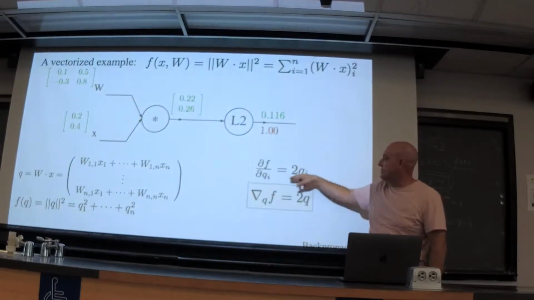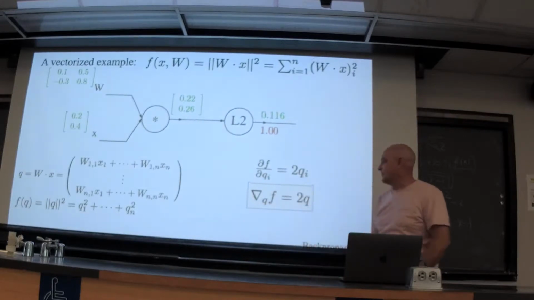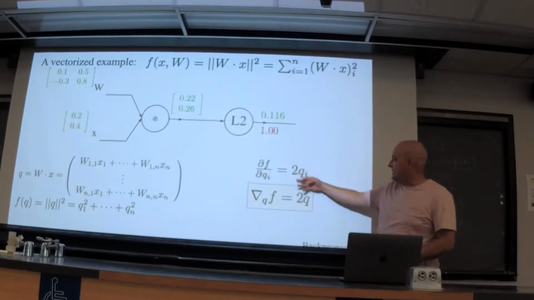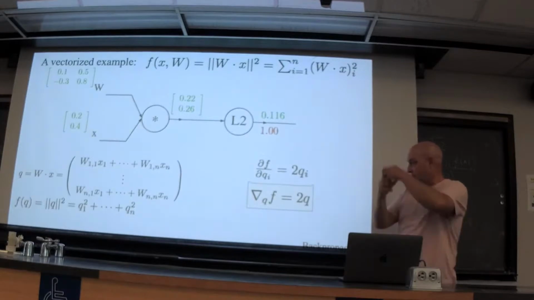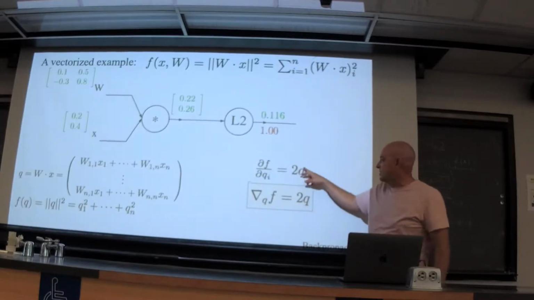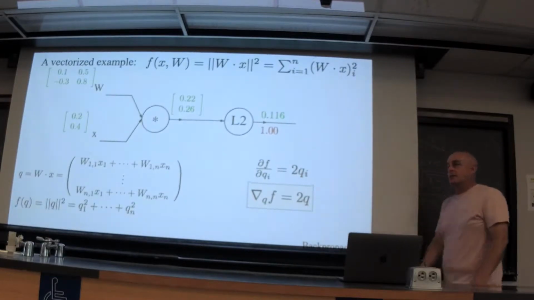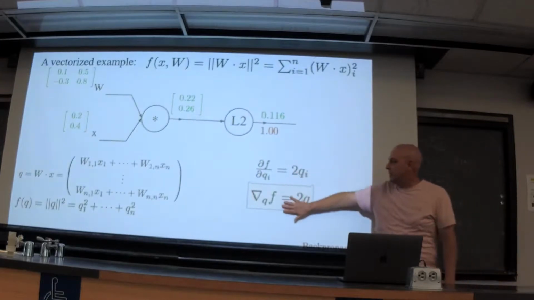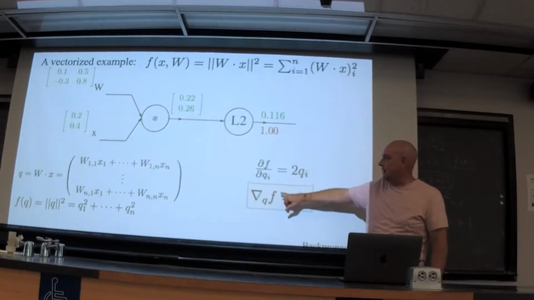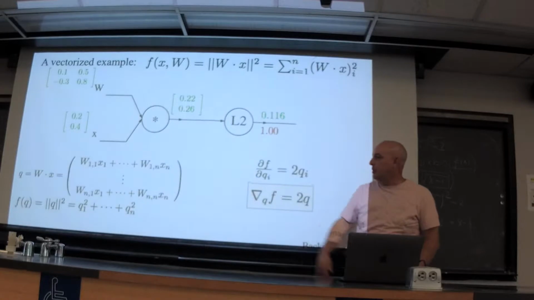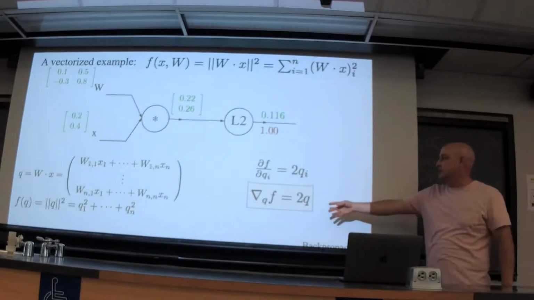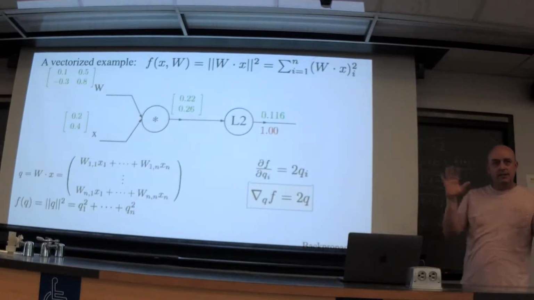So we just get 2 times the input. And if we think about this as a vector, the full gradient, we can see that this is just 2 times q, right? So the gradient of f with respect to the input vector q is just 2 times that input vector. It's actually very simple.